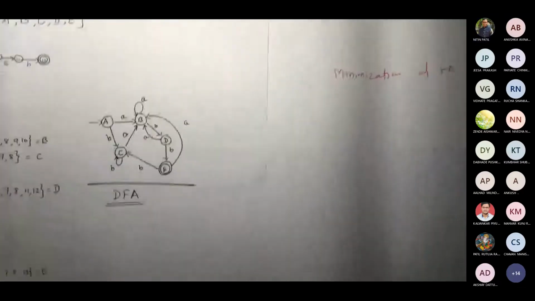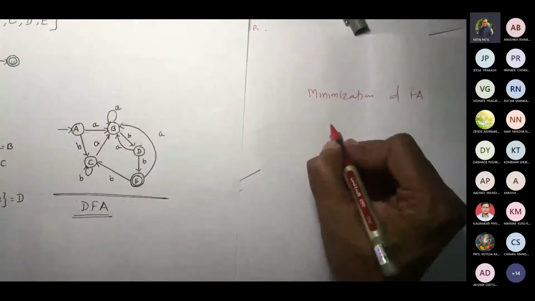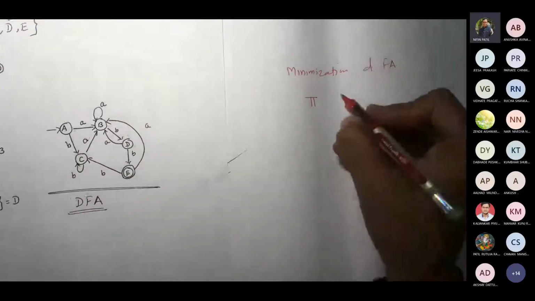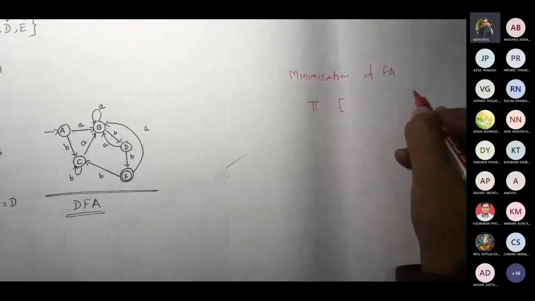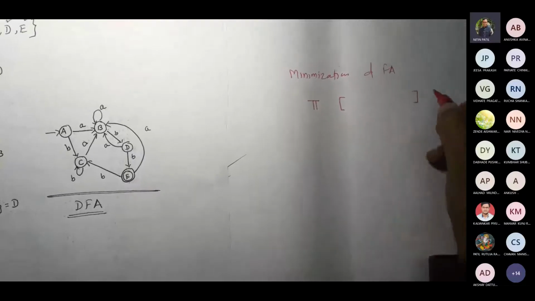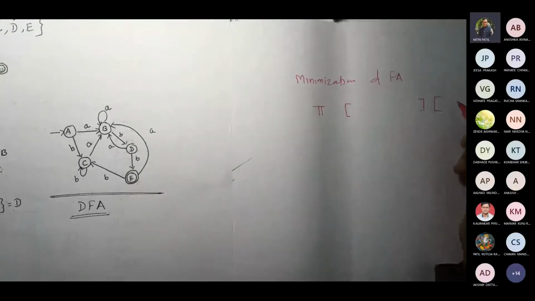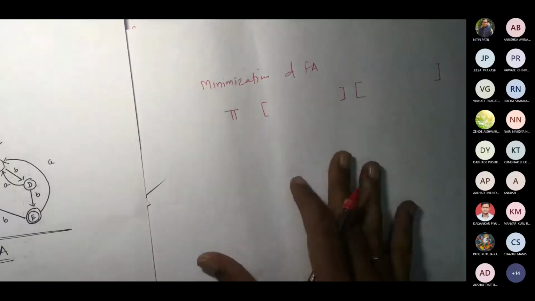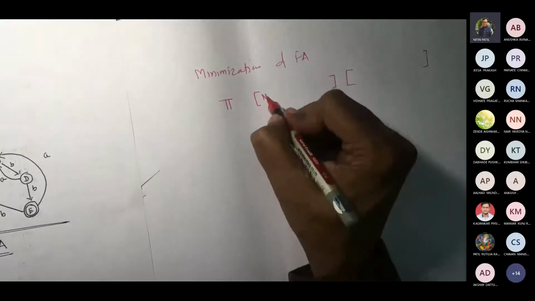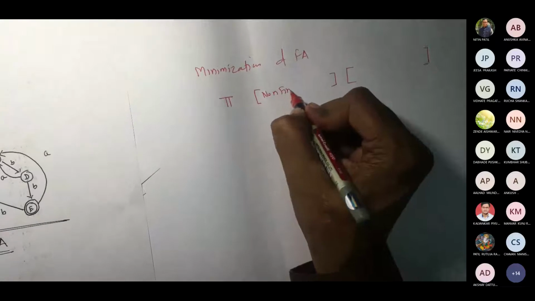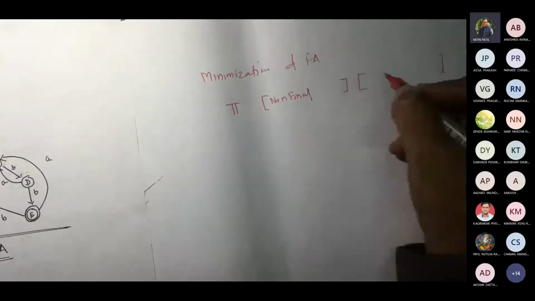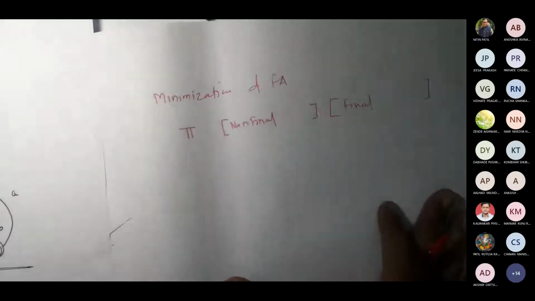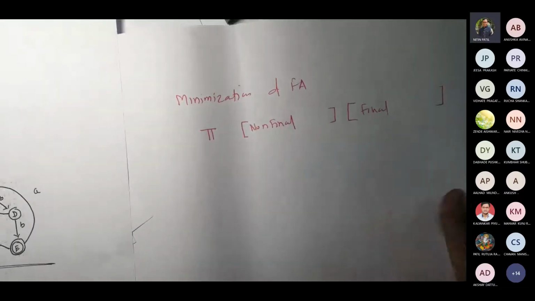Now what you do is you try to construct pi. Now this pi, you take 2 sets, 2 groups. You have to make 2 groups, where one would be non-final and one would be final. Fine, non-final and final.